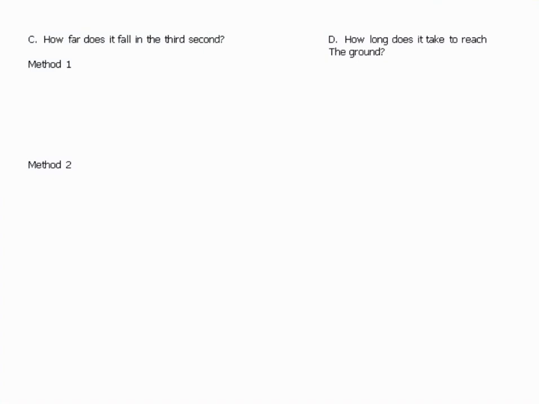This is a familiar question, part C. How far does it fall in the 3rd second? So let's take a look at this again like we did last time. So here's time versus velocity. If you just drew this picture, you don't really need to draw it a second time.